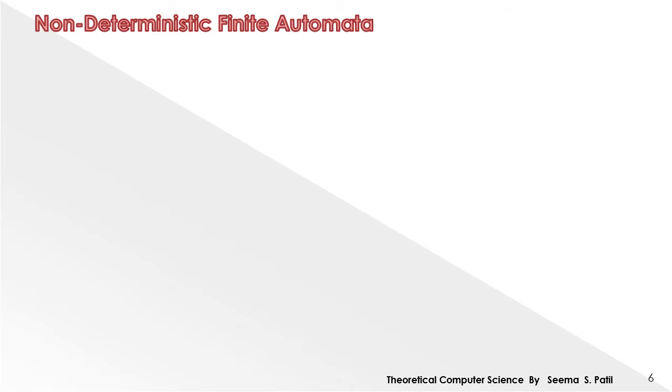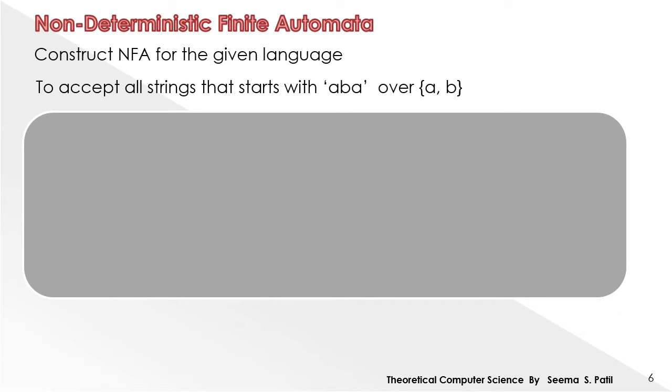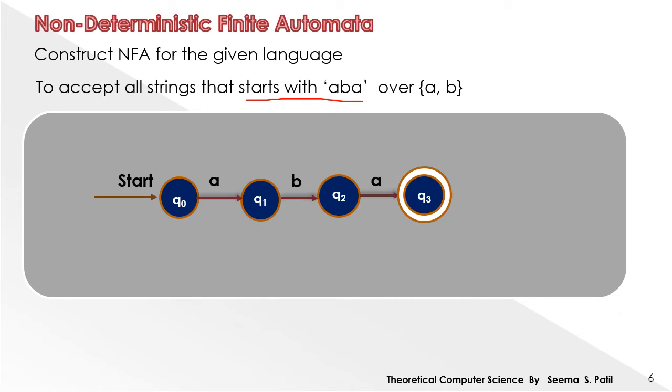Now construct the NFA for the given language. The language is to accept all strings that start with aba over {a, b}. Here there are two input values. You have to start from the q0 state. Now you want it to start with aba, so directly draw it in this way: a, b, a. You have to add q1, q2, q3.